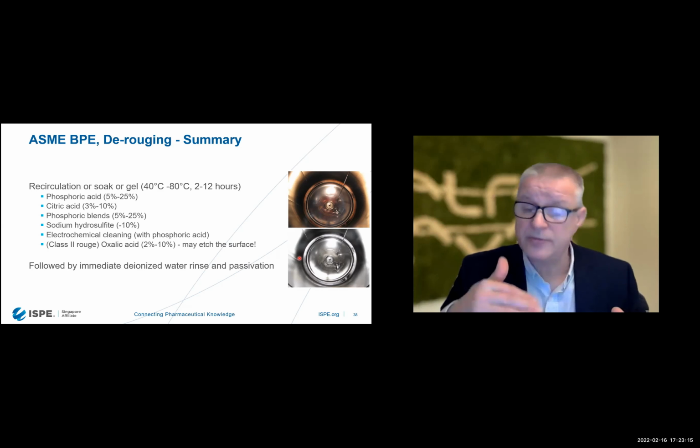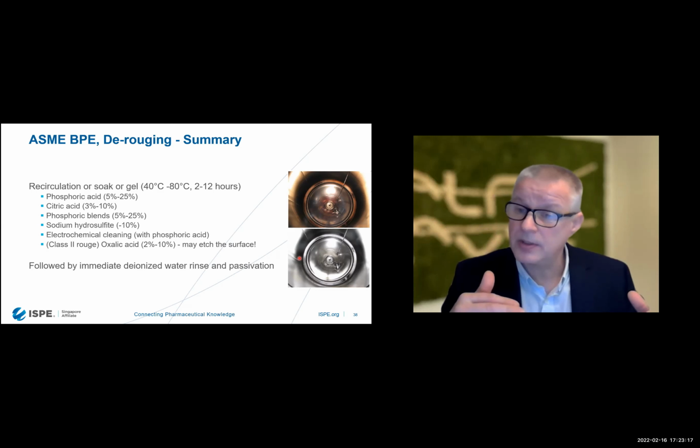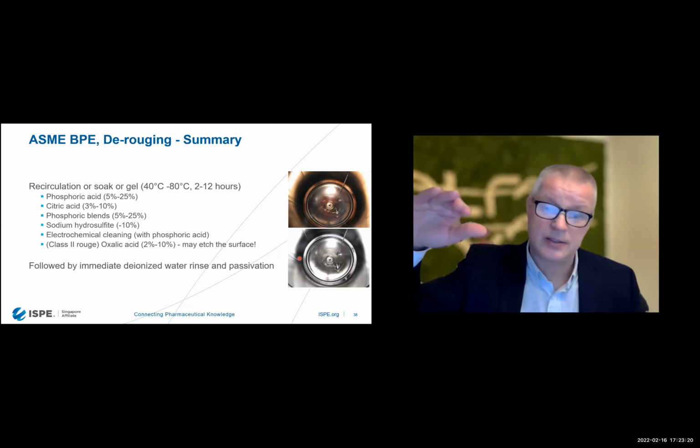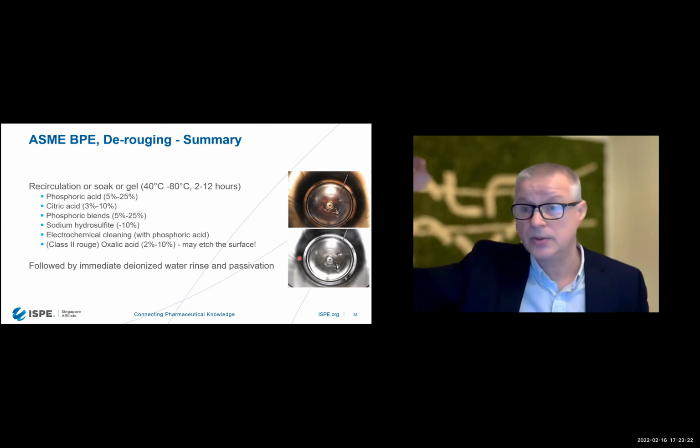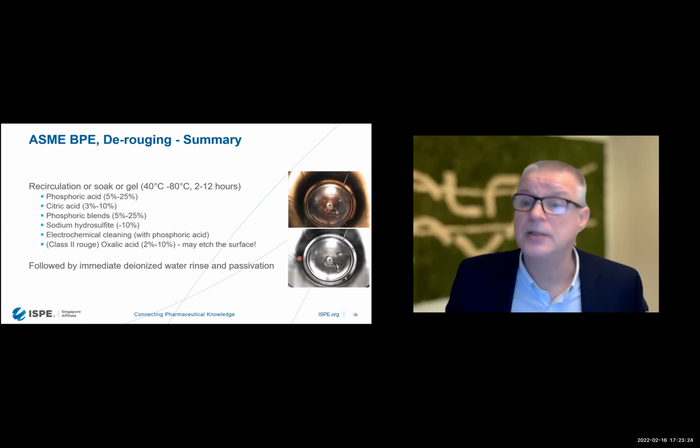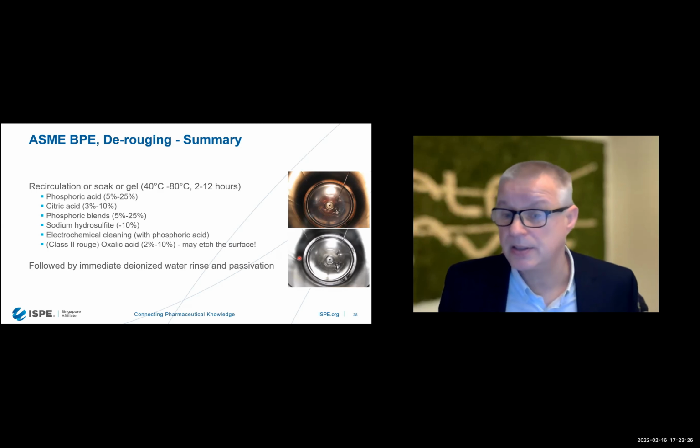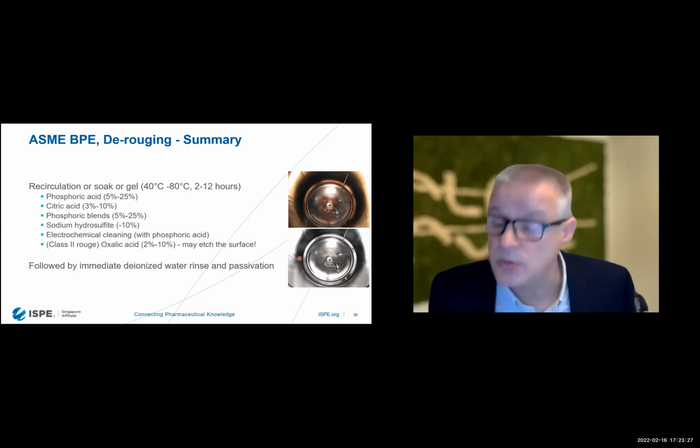If the bacteria count is not increasing to an alarm level, then you don't need to do a repass, de-rouging. So I think that should be the guidance for when it is time for de-rouging.